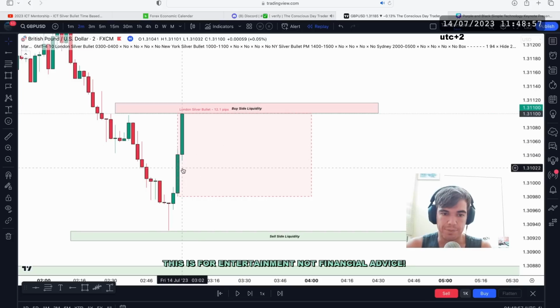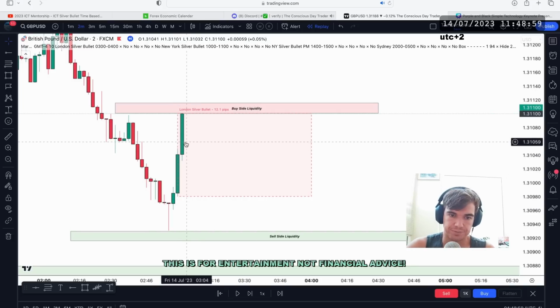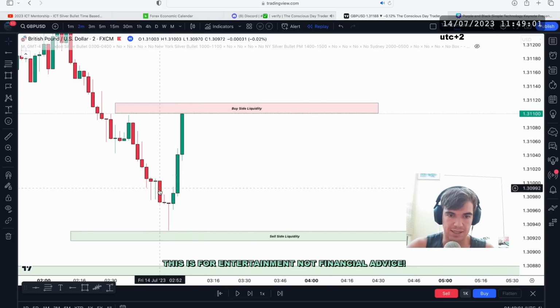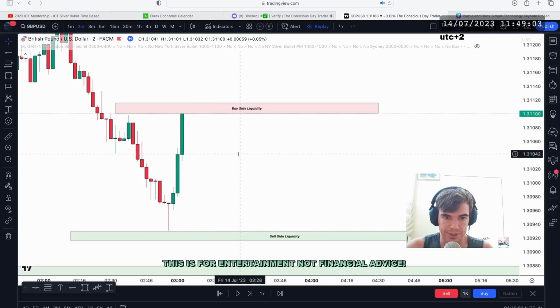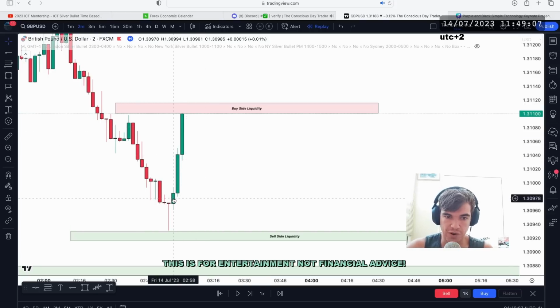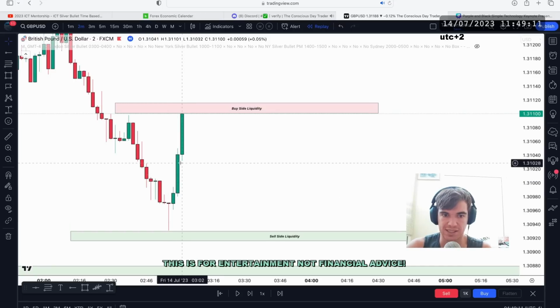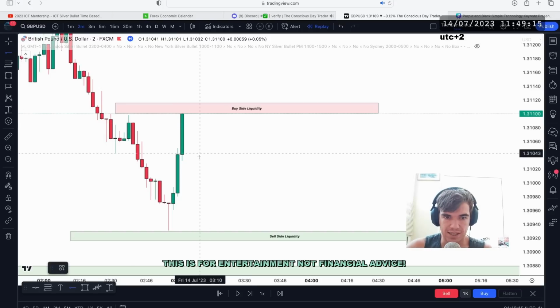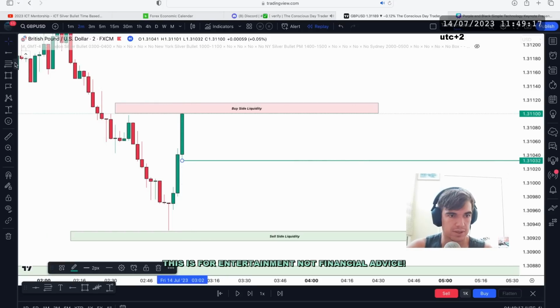The fair value gap is a 3 candle formation, and if I minimize this, we need a gap between the top candle's wick and the first candle's wick. The price on the right and left of this candle are not crossing each other. So what I'm looking at is that this low here and this high there, you see they haven't crossed each other.